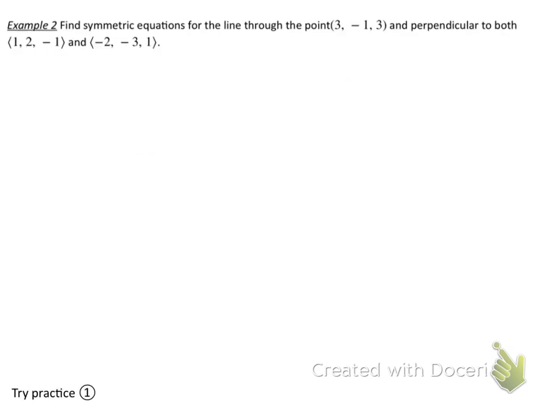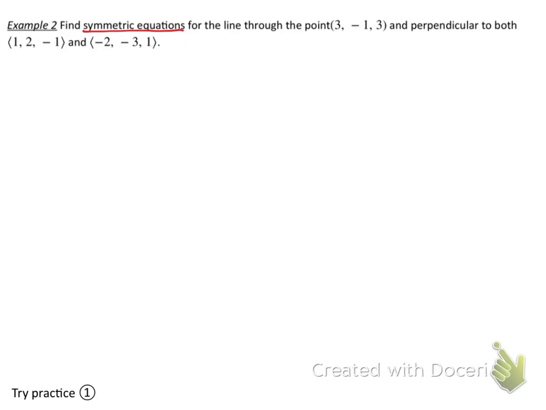Next example, this time I'm only asking for symmetric equations. I'm not going to ask you to do all three equations in every question. So find symmetric equations for the line, still through the point (3, -1, 3), but this time the line is perpendicular to the two vectors (1, 2, -1) and (-2, -3, 1). So I have a point, I have a direction, but this direction wasn't given explicitly.